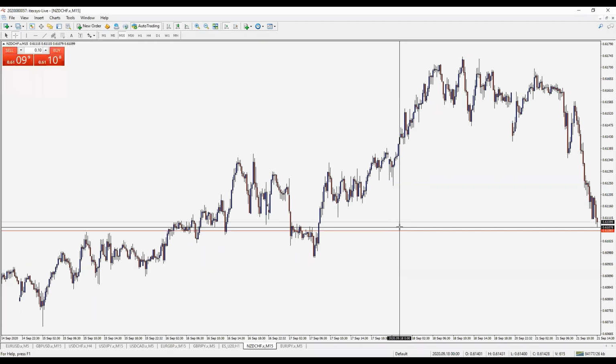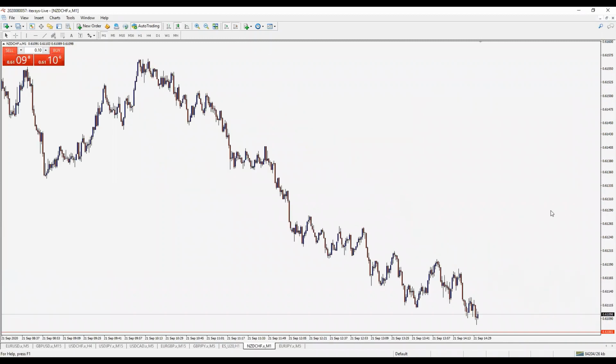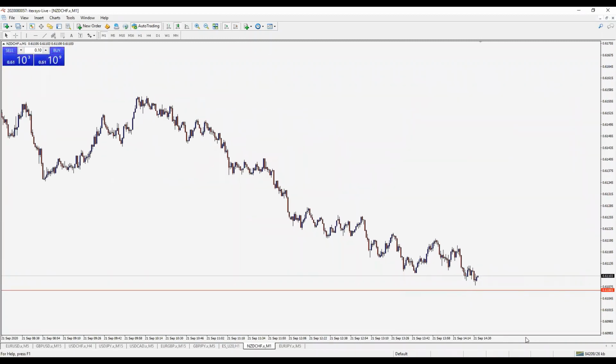I'm wondering if it's already considered as a test, this previous low. Okay, I will wait a bit more. Hopefully I won't miss that opportunity, but never mind.